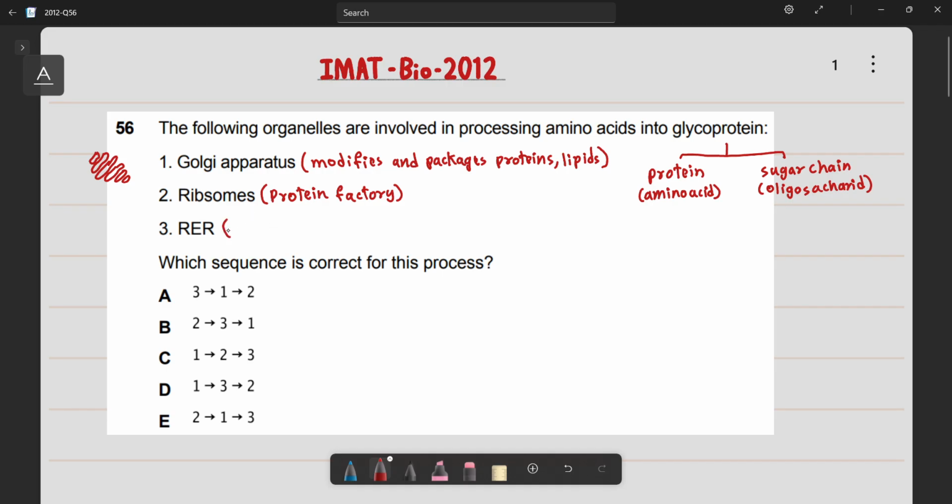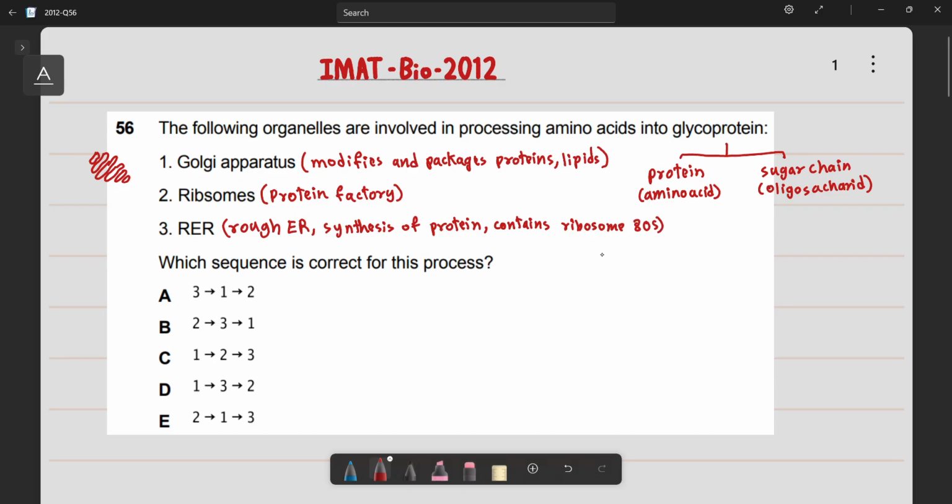And the RER, as I've said, is the rough endoplasmic reticulum. Its main function is synthesis of protein. It's a main site where protein synthesis takes place because it contains ribosomes on its surface.